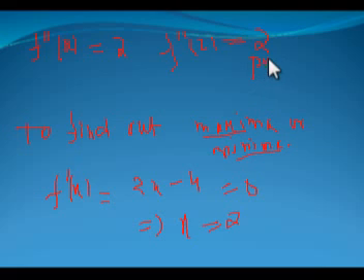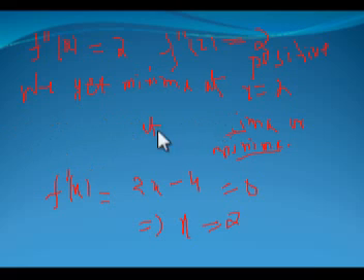So we are getting a minimum at x equal to 2, because it is positive.